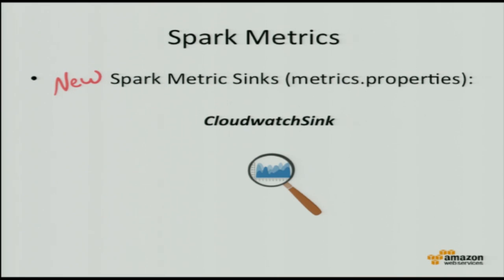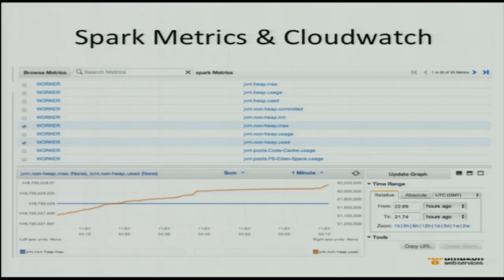So now what you can do is have a Spark cluster running on EMR and publishing the metrics to CloudWatch. I'll give you a snippet of it. This is how it's going to look. For example, workers will introduce something like JVM heap used, JVM heap unused, or how many executors you're running, how many workers you're running. You can monitor all that with CloudWatch with Spark 0.8 on EMR.